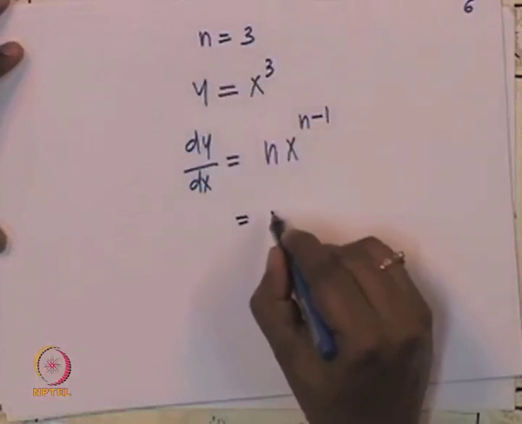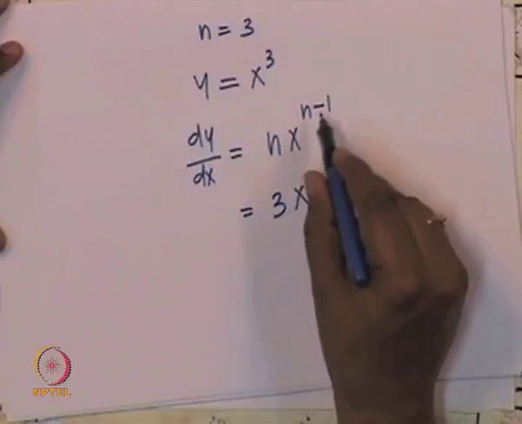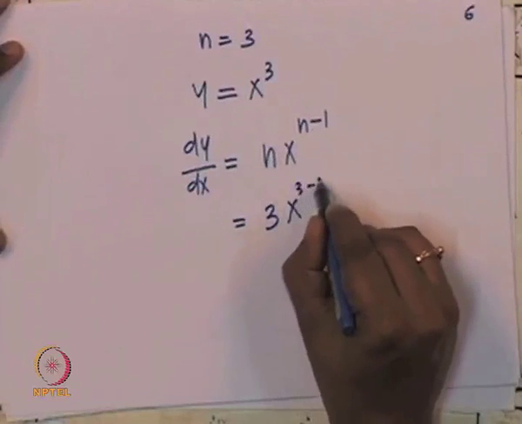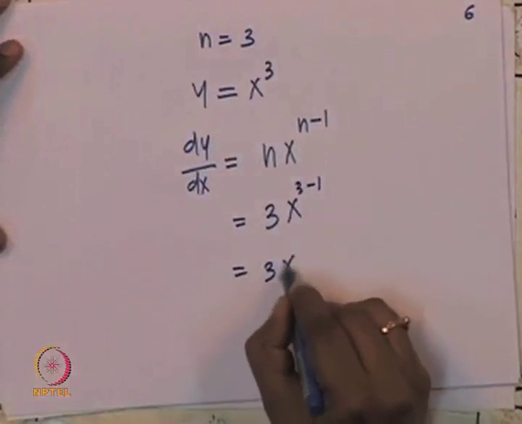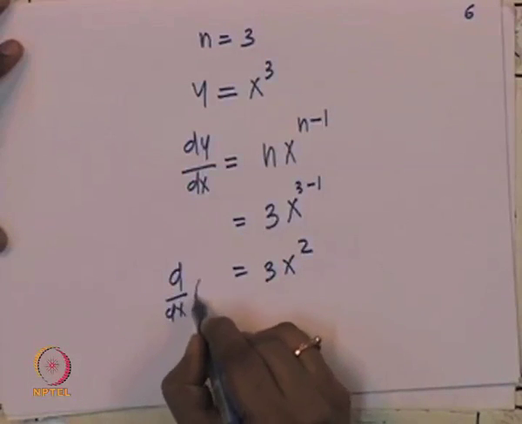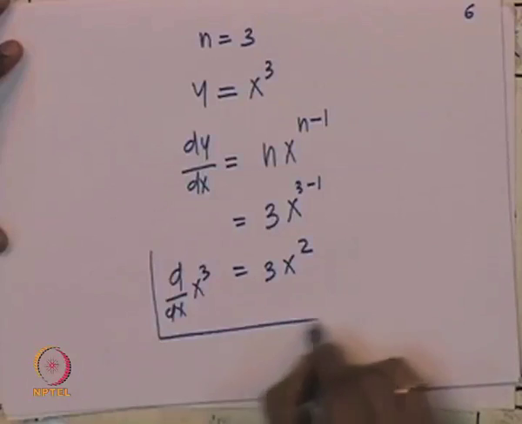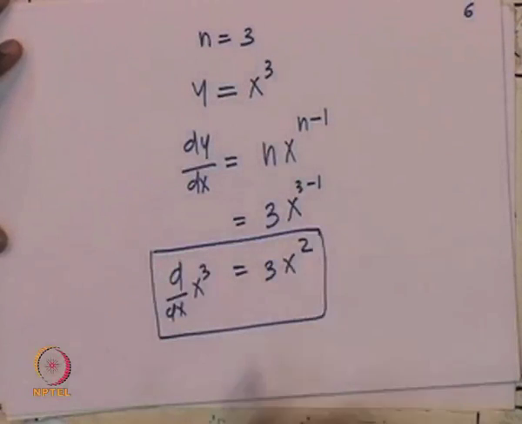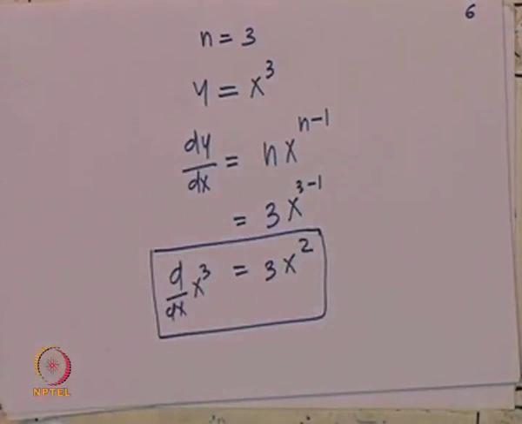So n is 3, and we get 3 x power 3 minus 1, which is 3 times x square. So d by dx of x cube is 3 times x square. So we learned this much.